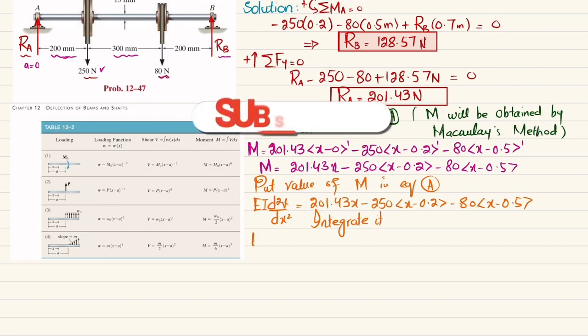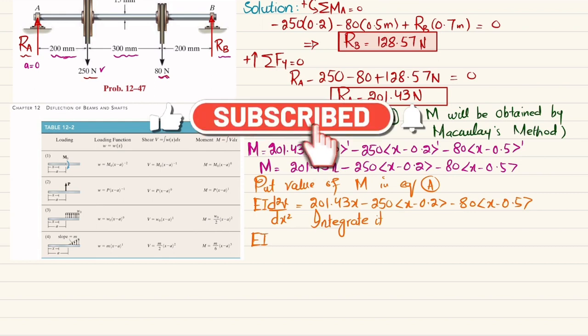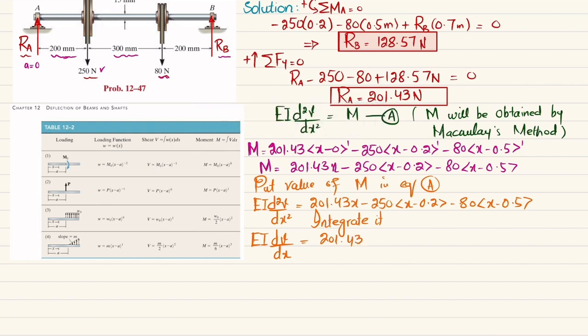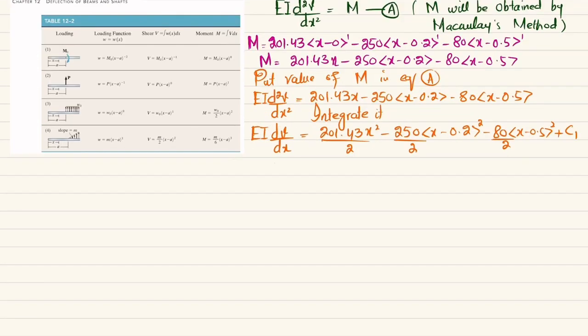After integration, you will get EI dV/dx equal to 201.43x²/2 − 250⟨x − 0.2⟩²/2 − 80⟨x − 0.5⟩²/2 + C1. There will be a constant of integration.